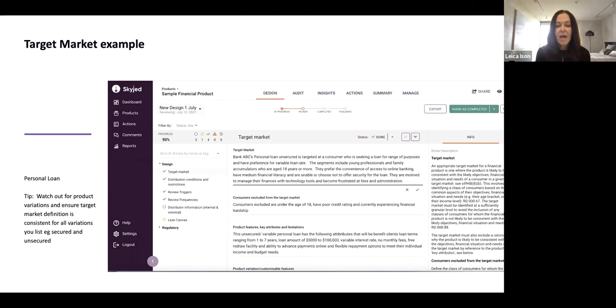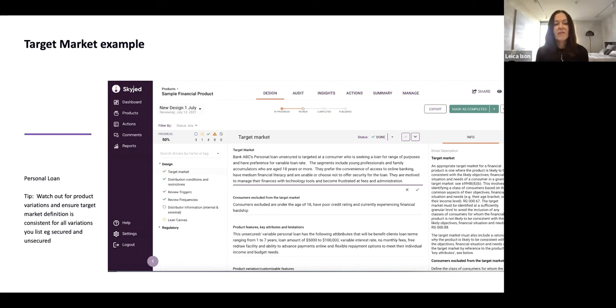In terms of tips, and what we're seeing across the various industry sectors, as I mentioned earlier, it's really watching out for those product variations. When you're listing your product variations, test to validate: are those variations in fact a different product, with a different class of customers purchasing them?